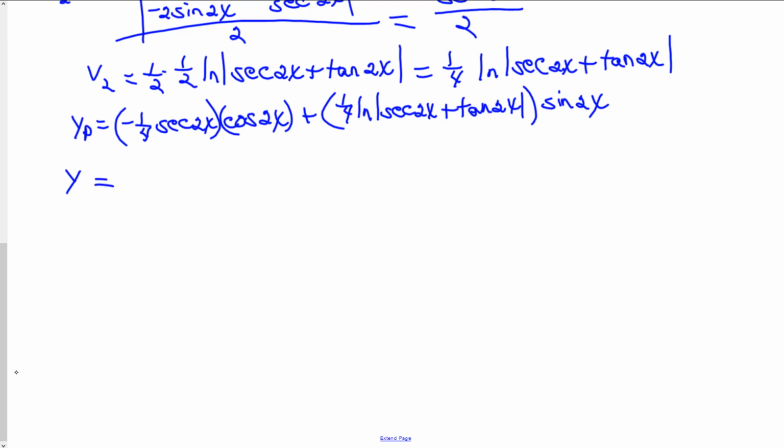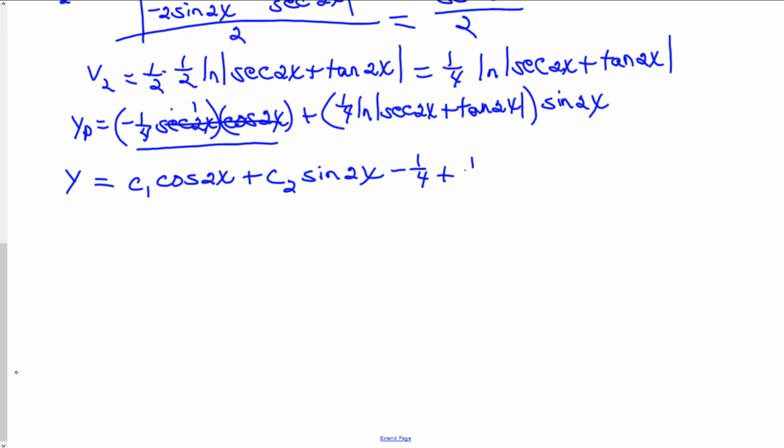Now, if you look at this product, secant 2x times cosine 2x is equal to 1. So all that's left here is negative 1/4 times 1. So our y sub c, c1 cosine 2x plus c2 sine 2x, that's what we started out with, is now added to our simplified y sub p, which is minus 1/4 plus 1/4.